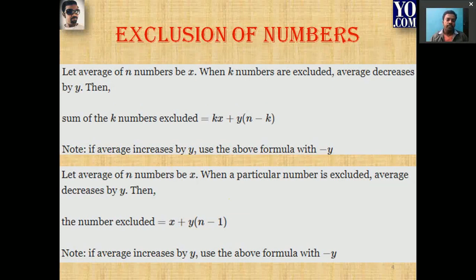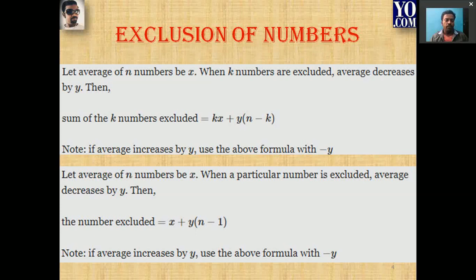Then exclusion, that is the opposite of inclusion. Let the average of n numbers be x. When k numbers are excluded, that means the k numbers are removed from the given numbers, then average decreases. If we are removing the numbers, then average automatically decreases by y.